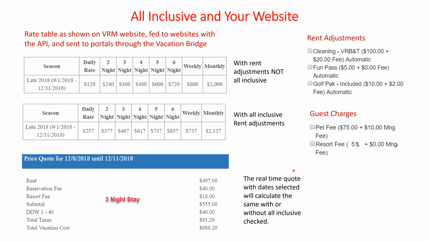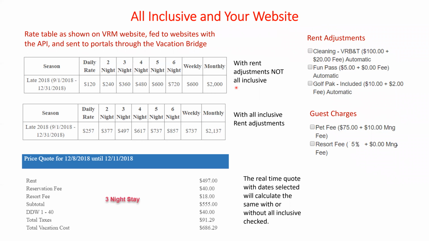As time goes on and we introduce new technology and integrate with these channel partners, it now has different implications, because this rate table right here is what we send over to Airbnb. This is what we send over to portals and channel partners that do not get a direct quote from us. We have several channel partners that get a direct quote from VRM, and we have others that use the rate table.